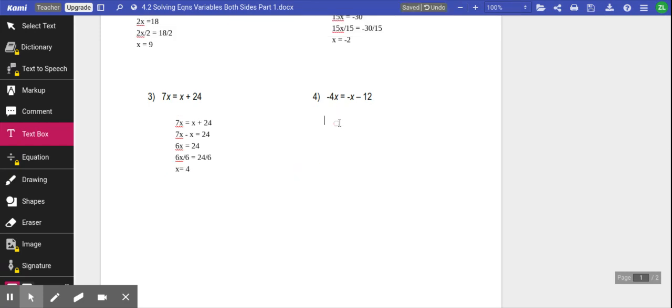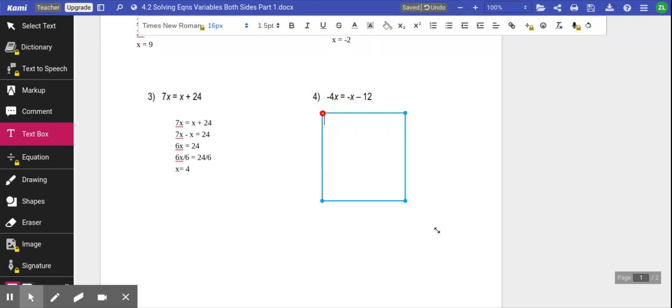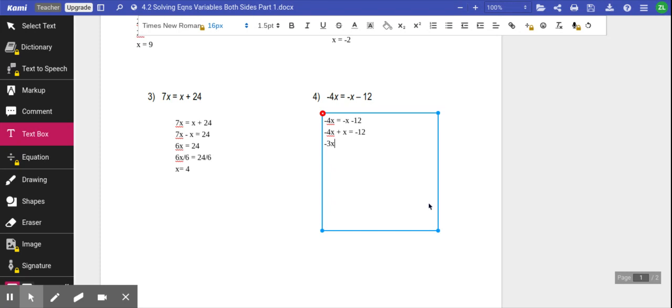Okay. And our last example over here is negative 4x equals negative x minus 12. If we want to bring that negative x over, it becomes positive x. So negative 4x plus x is negative 3x equals negative 12.